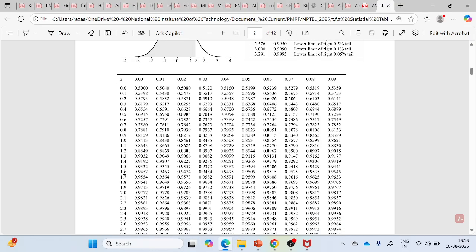Z value of 1.58, 1.5 and 8. It's 0.9306, is it? No, it's 0.9429. Is it? Yes, sir.